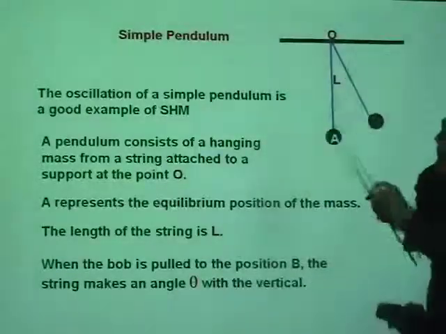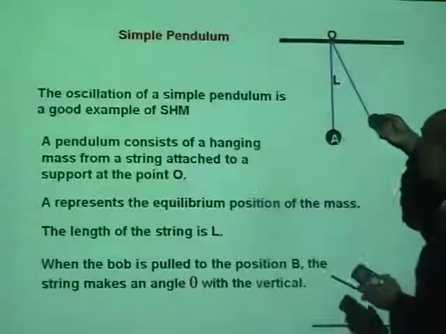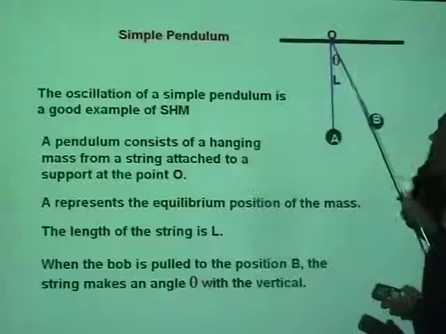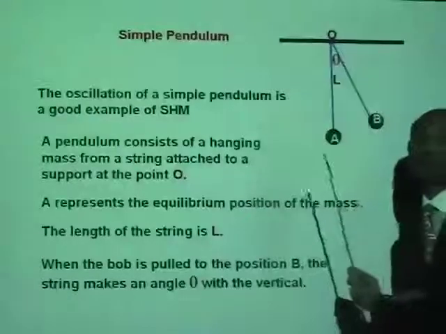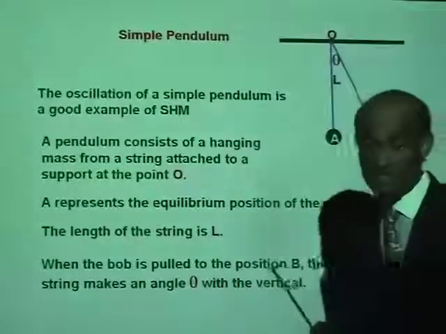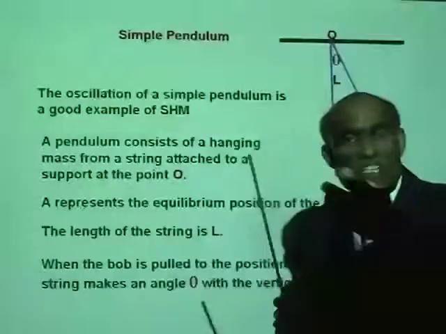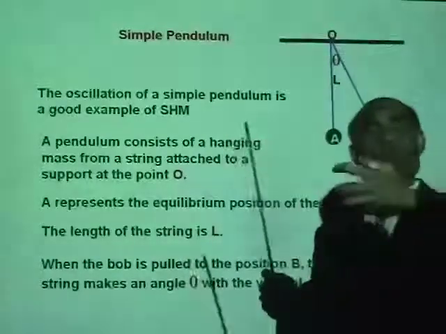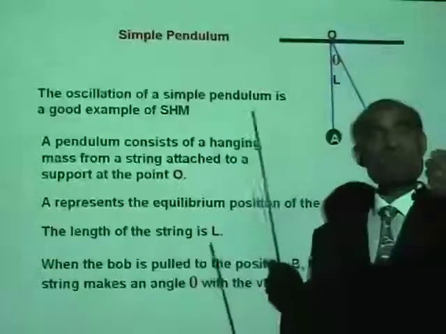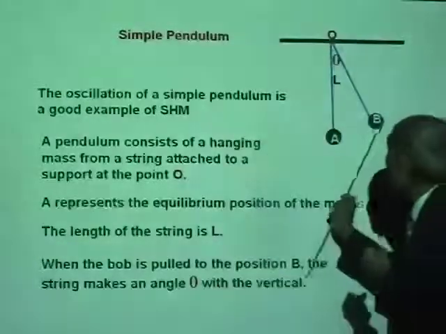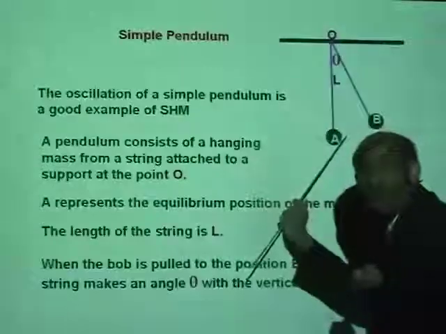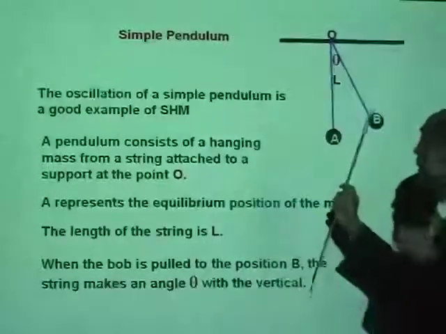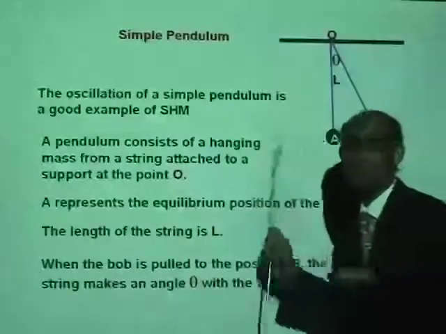When the mass is pulled to one side, to position B, the string makes an angle theta. Just like the spring has a restoring force pulling the mass back to the equilibrium position, here again there is a restoring force, which is the component of the weight pulling it back to the equilibrium position.